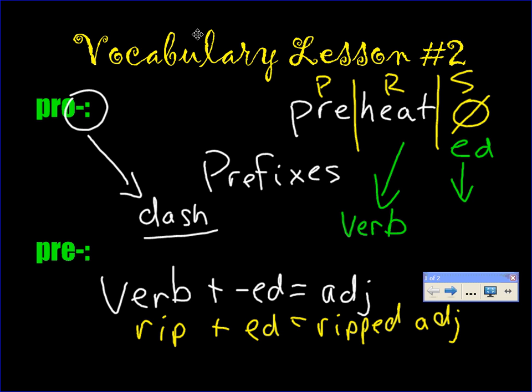In this case, we'll use broken as the past participle. So if I broke my pencil, I broke the pencil. Broke is a verb. The broken pencil, broken is an adjective. It's a good way to transform words. So preheat can become preheated. And to answer the question that I asked earlier, that makes it an adjective.